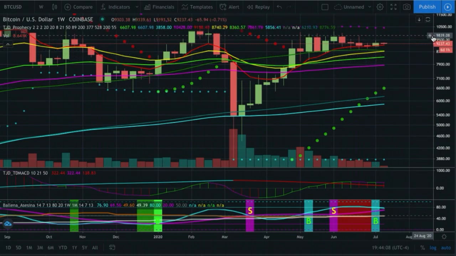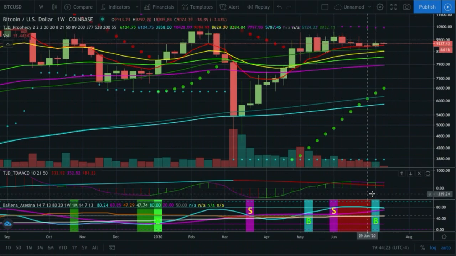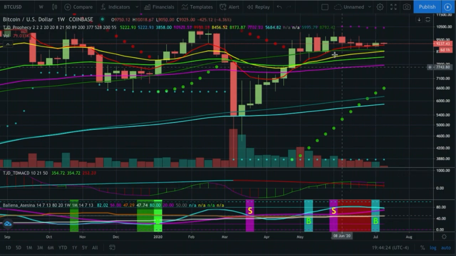But that's what I would expect. I don't think we have enough fuel in the tank on the weekly time frame to just continue moving to the upside after we got a powerful move and then consolidated inside the distribution zone without getting any kind of continuation or putting in a new high, even on the macro time frames.